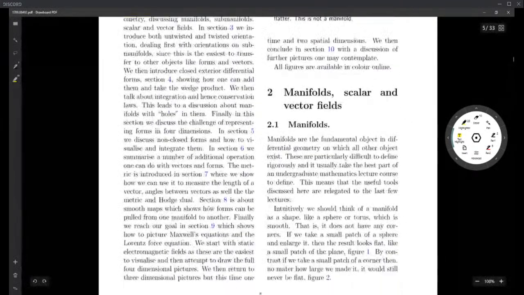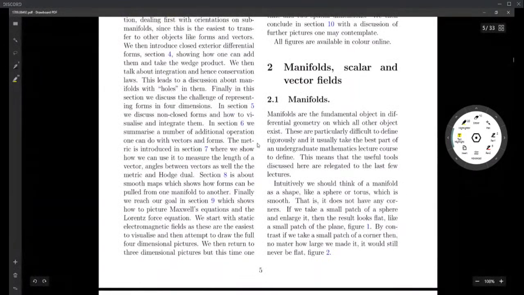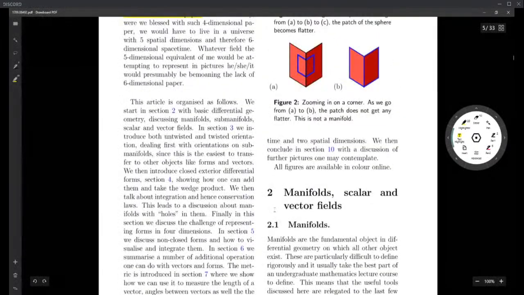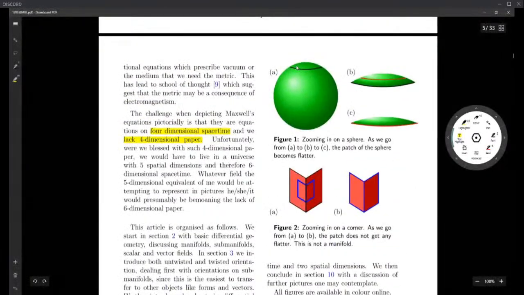All right. So getting into what manifolds are: manifolds are very fundamental objects in differential geometry. There are a number of complex ways to explain this, but we could just look at a manifold in a very intuitive way. If we zoom into a manifold, like we do right here, a patch of a sphere, and keep zooming in, we notice that the patch keeps getting flatter.